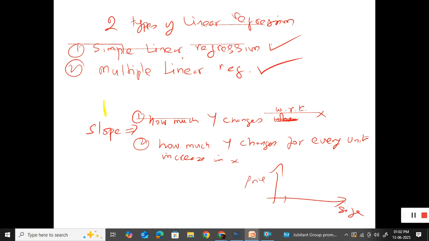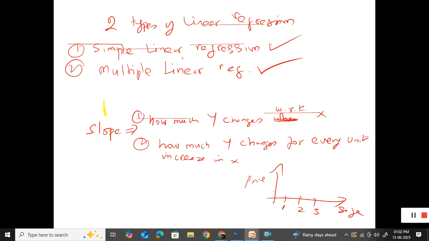This is in terms of 1,000 square feet: 1,000, 2,000, 3,000 square feet, something like that.